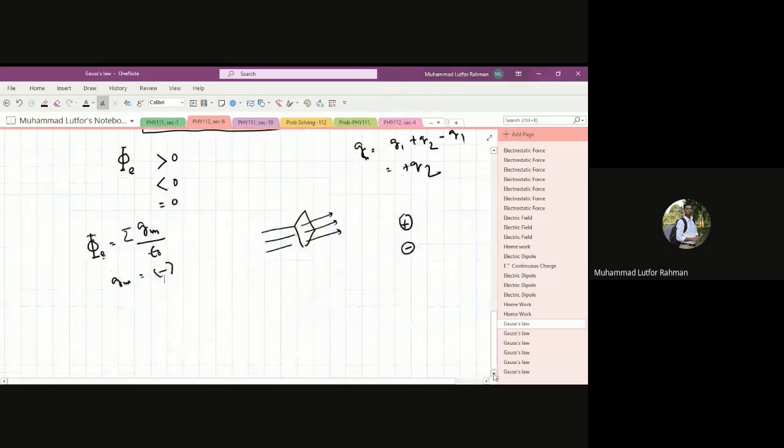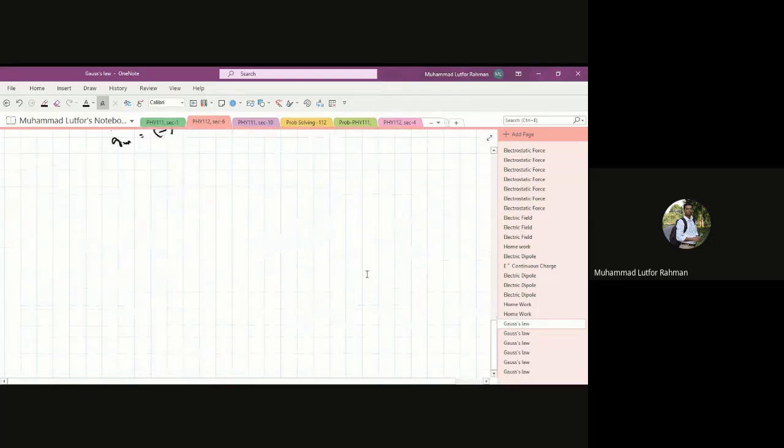Okay, fine. So let's calculate some flux for some case. Say I have a box, it's a cube.